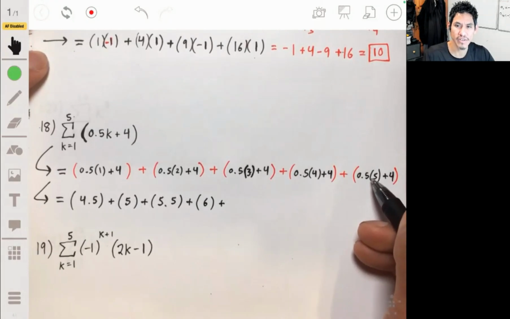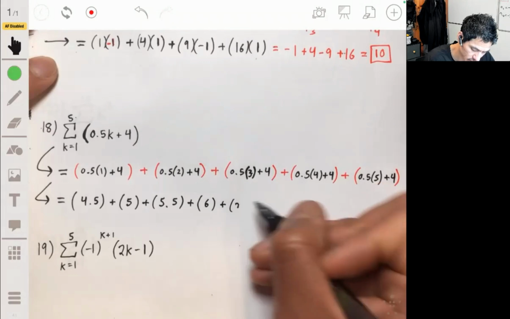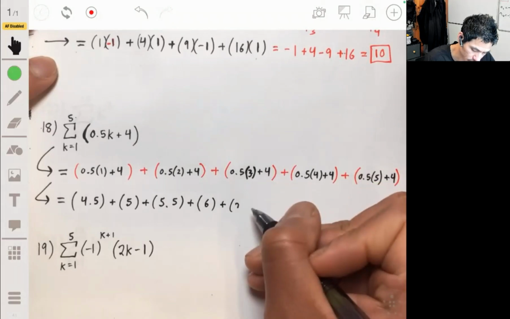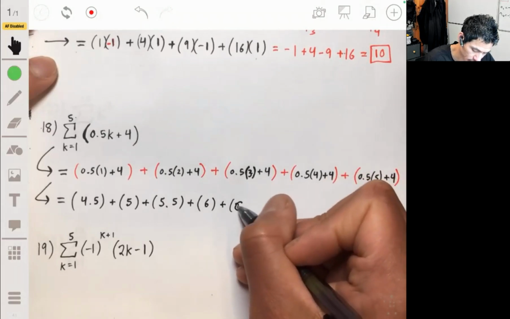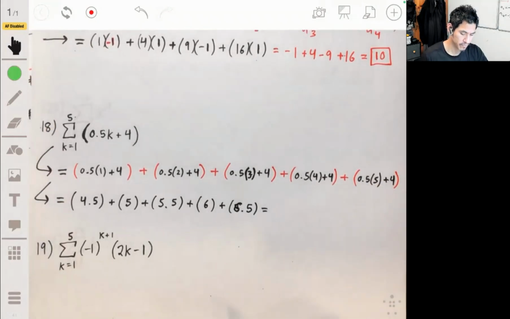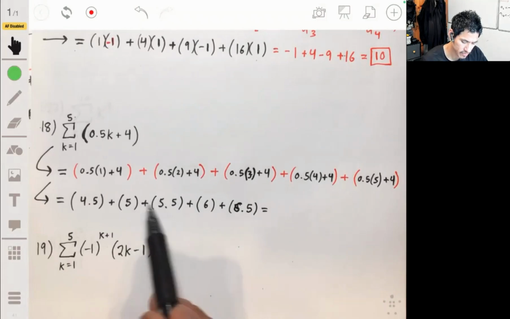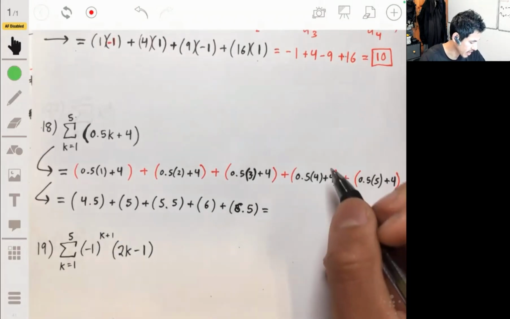For a5, 5 times 0.5, so 2.5 plus 4, so we'll get 6.5. Add these all up, we'll get, let's say, 10, 15, 21, 27 and a half.